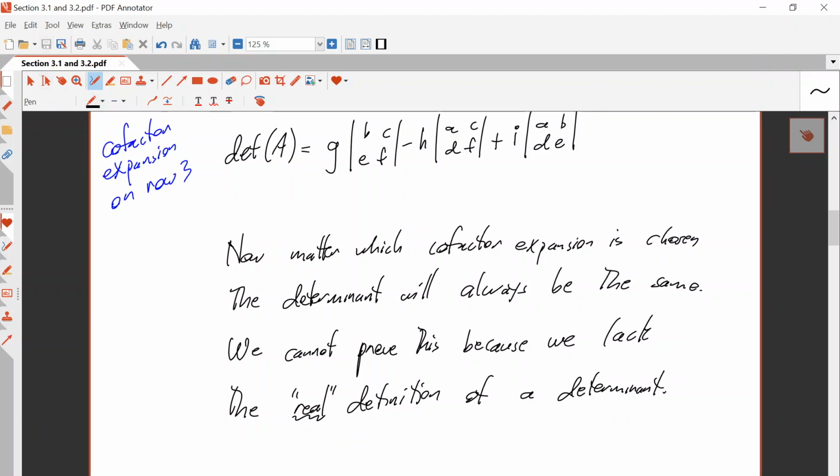So, the reason for it is because the real definition of the determinant just implies it fairly easily. But here we have that.